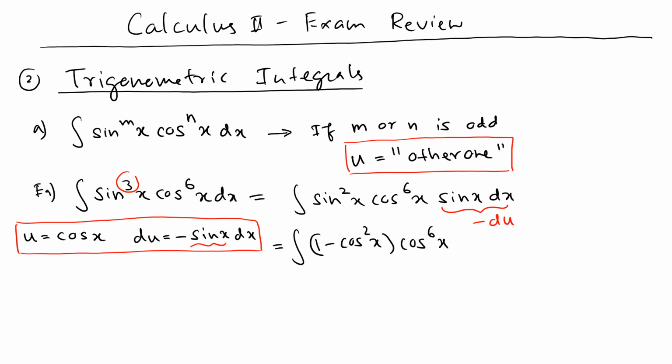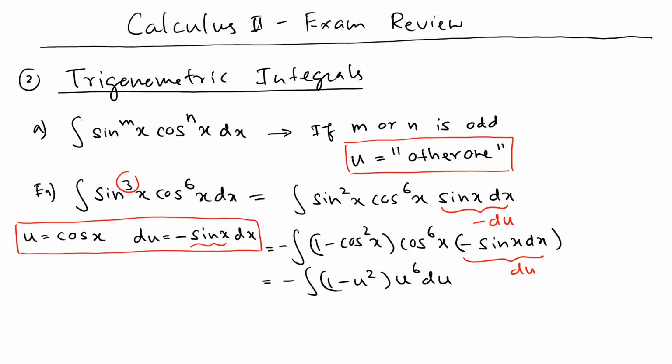And we can rearrange this one: put negative sine x dx. But remember, this is a product, so we put a bracket here and put a negative sign in front just to match, so two negative signs. Now we can substitute. Cosine is simply u, so 1 minus u squared, u to the 6, and this whole thing is simply du.